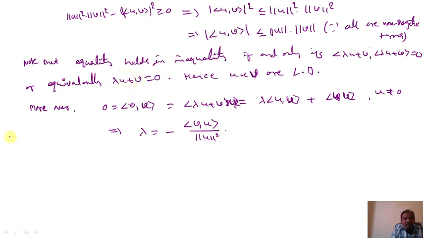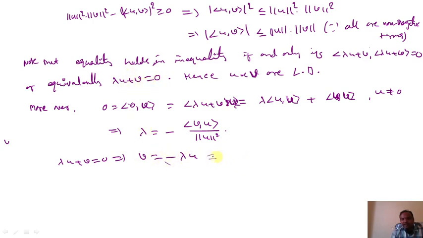Now observe here λu+v = 0. That means we are writing v = −λu. One vector is a scalar multiple of another vector, so they are linearly dependent. That's why we write equivalently λu+v = 0.